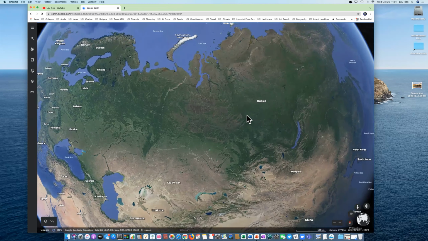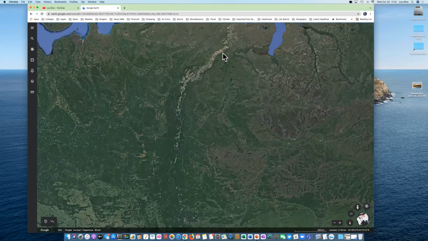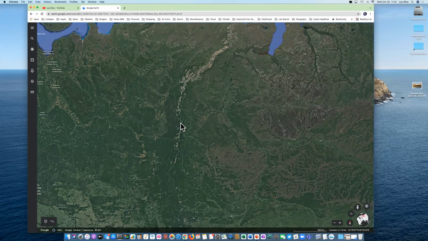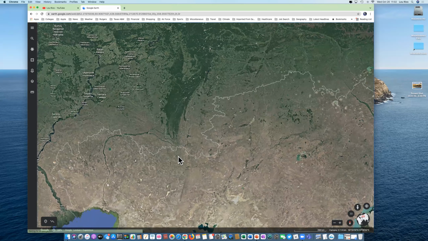Deep climate, severe climate, basically the climate you would find in Canada or the extreme northern United States, like Maine, Vermont, that area of the country. You have mountains that run north south, the Caucasus, and these mountains run all the way down towards present day Kazakhstan.